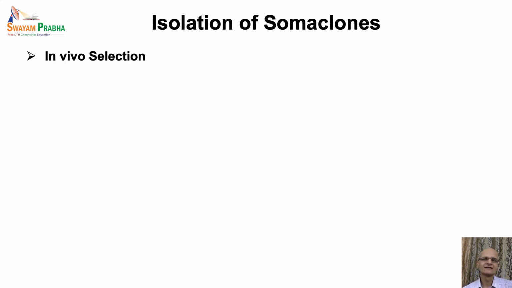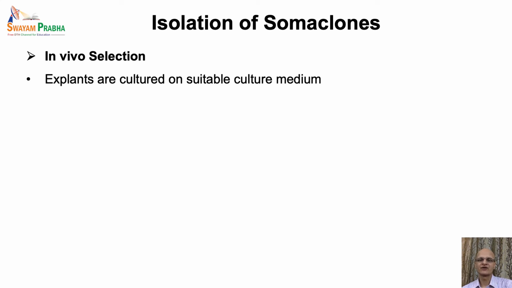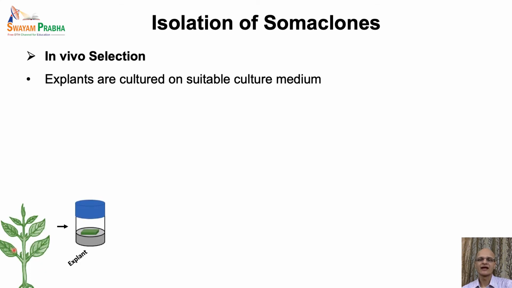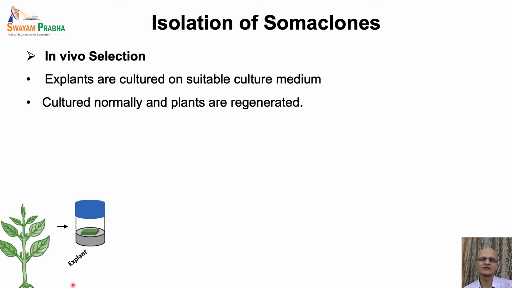The first category is in vivo selection. That means in vitro culture is performed without any selection. Explants are harvested from the donor plant and inoculated on a suitable culture medium in aseptic conditions. Regular tissue culture procedures are followed and plantlets are regenerated.